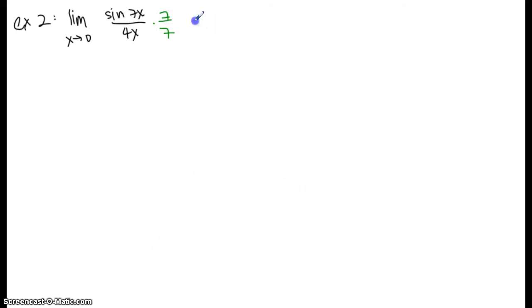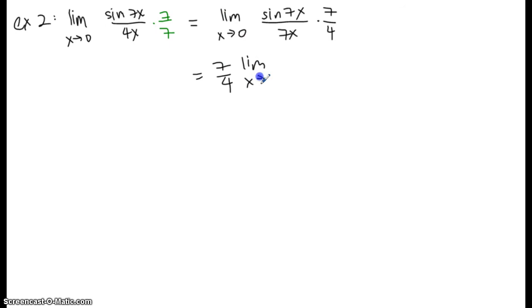So I'm going to say the limit as x approaches 0 of sine of 7x over 7x, and I'm left with a coefficient of 7/4. That 7/4 I can factor out, leaving 7/4 times the limit as x approaches 0 of sine of 7x over 7x.